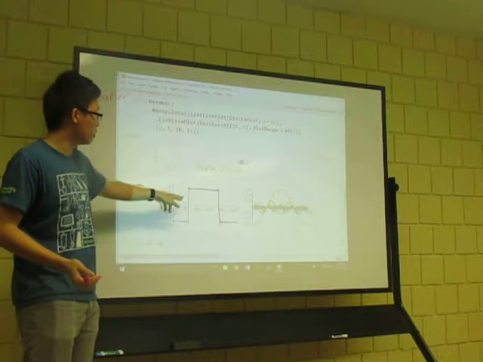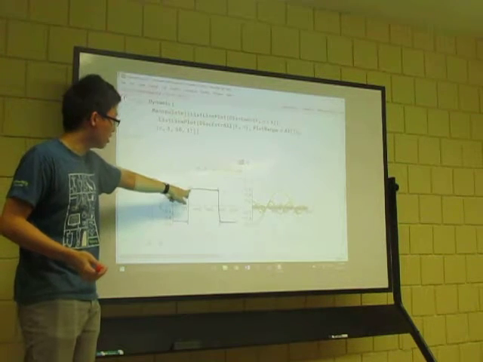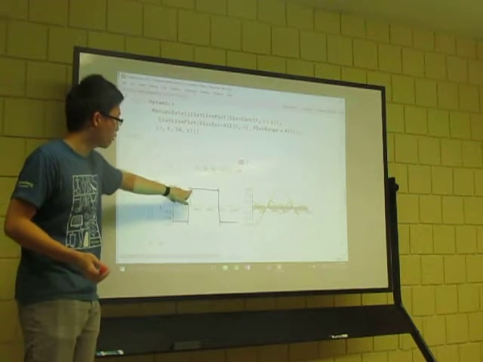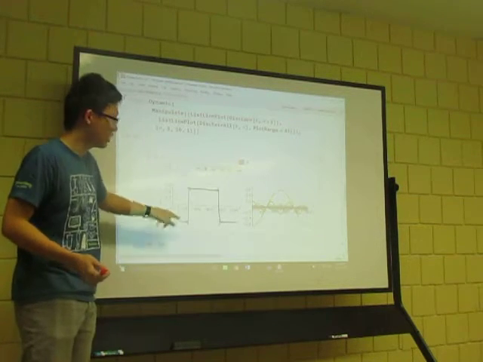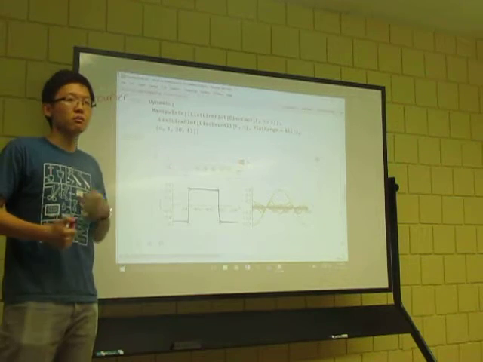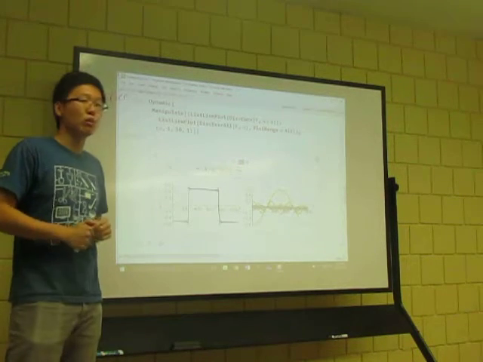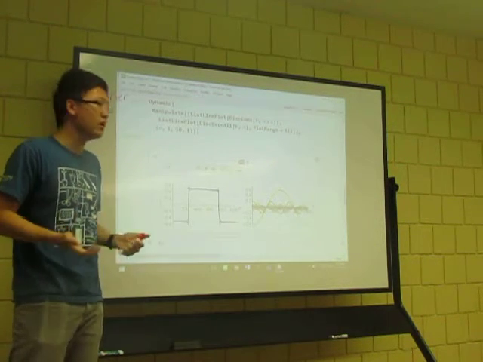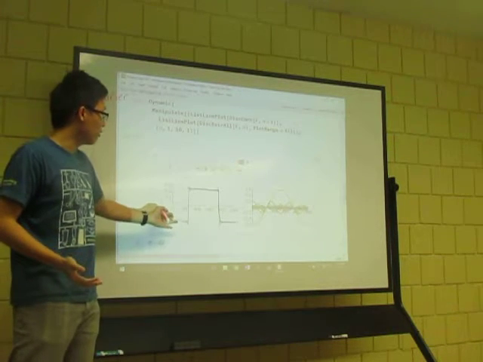And so if we were to subtract our original function, which is this block, we get this very, very small amplitude wave. Presumably we won't be able to hear it. And therefore, when we hear this, we will hear the same thing as if we were to play this block function.